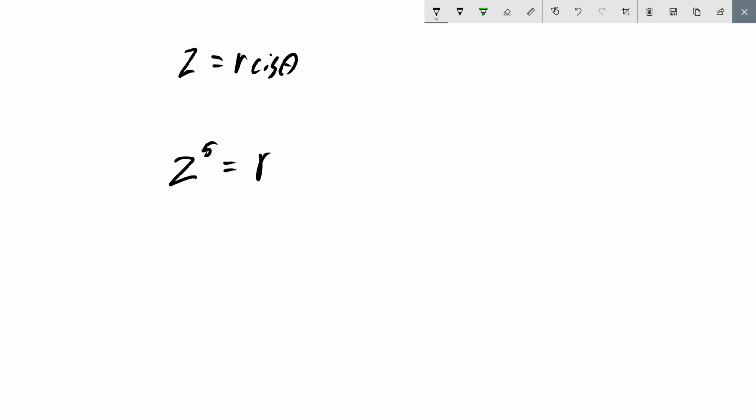We'll get r to the power of n, and this cis theta thing will be times by a factor of the power, because we're adding theta the n amount of times. So we now have this general rule, and we can work out powers of complex numbers fairly easily.